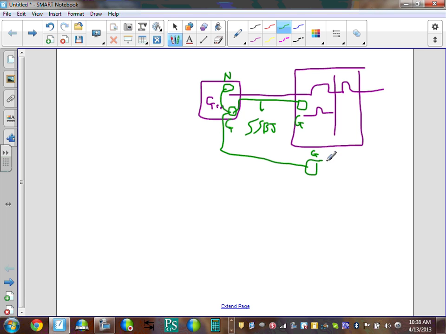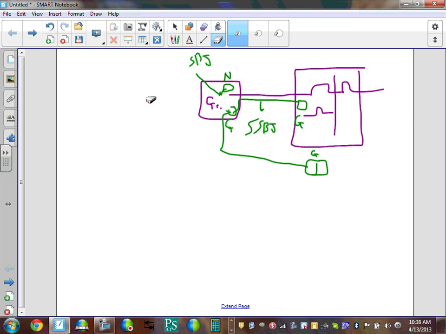So that's how you do a separately derived system. And so this is my system bonding jumper right in this area. If your system is not a separately derived system, guys, the only thing that goes is that connection right here. You just get rid of that connection. Everything stays the same.